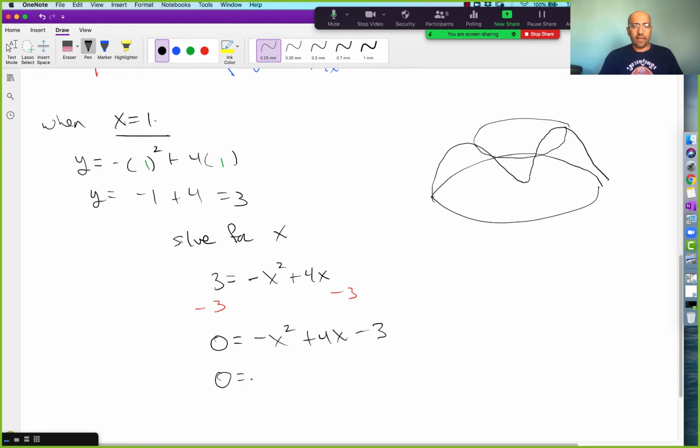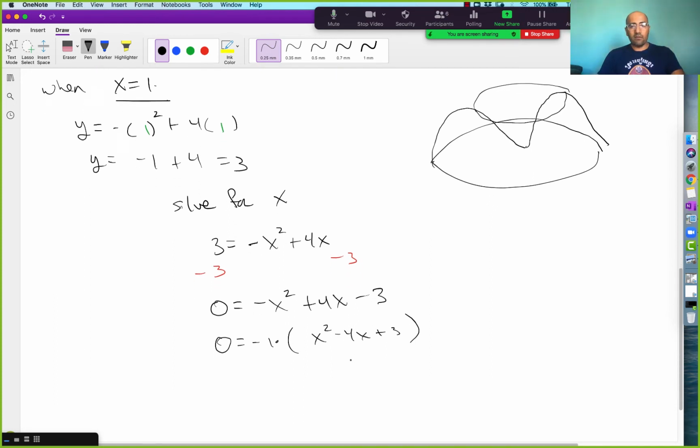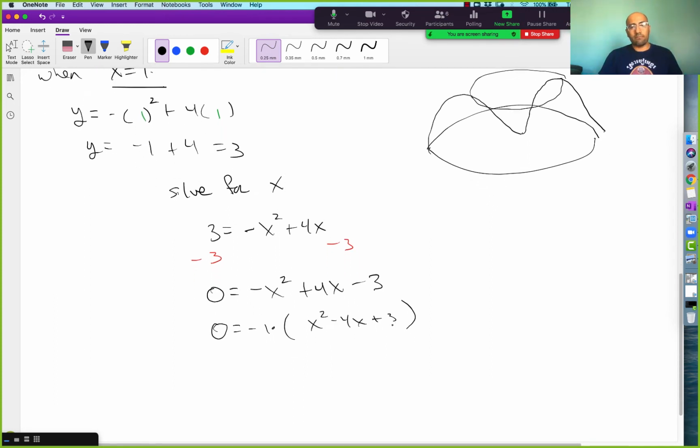Let's factor out that -1, and then x squared minus 4x plus 3. Okay, so we can factor that. -3 times -1 equals +3, and -3 plus -1 adds up to -4. So this is going to be -1 times (x minus 3)(x minus 1). Right, this foils into this one.